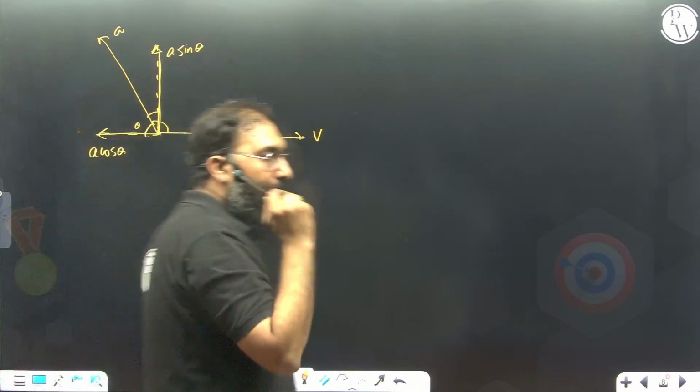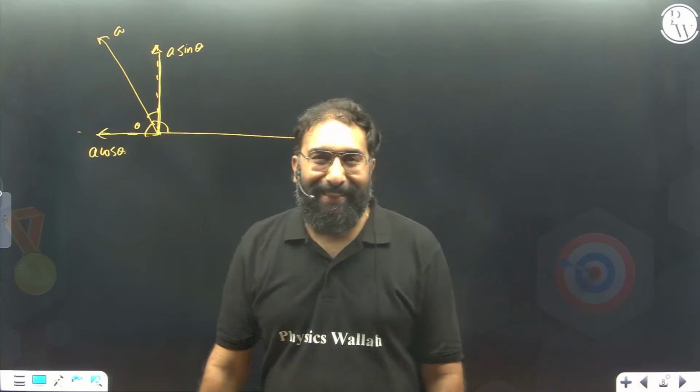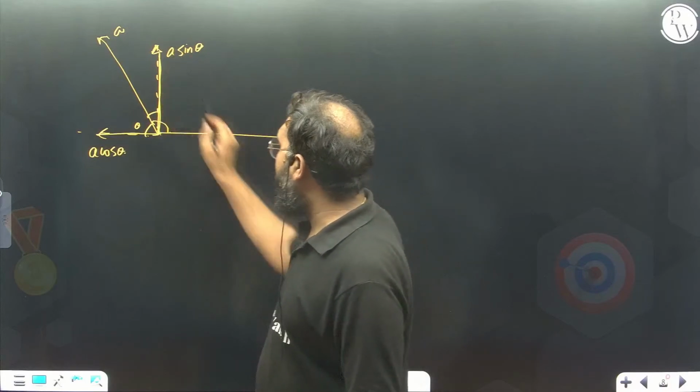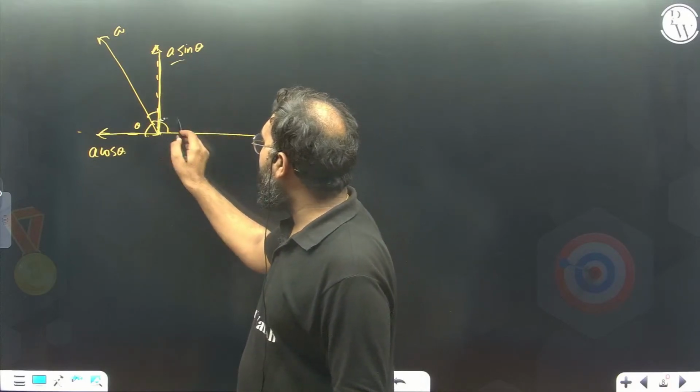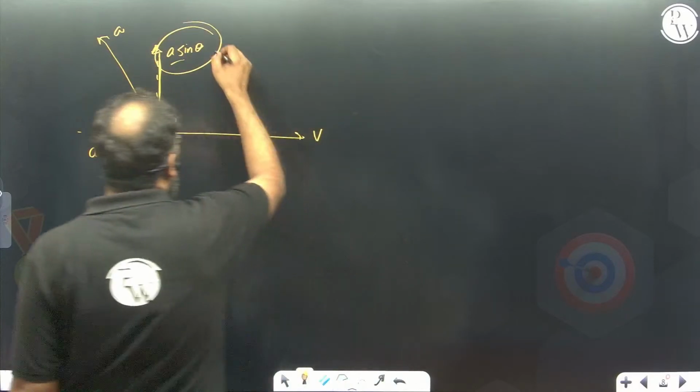Now can you tell me which component is responsible for the change in direction? The component which is perpendicular to velocity, and this is A sin theta, at 90 degrees. So because of this component, direction will be changed.